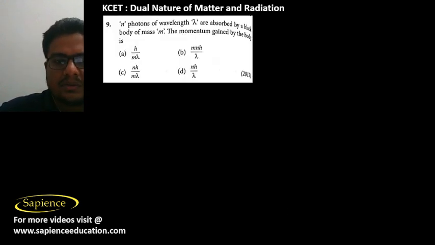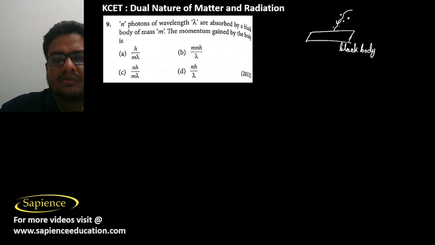Then in question number 9, it is told that n photons of wavelength lambda are absorbed by a black body. This black body absorbs n photons, each having wavelength lambda, and the black body has mass m.